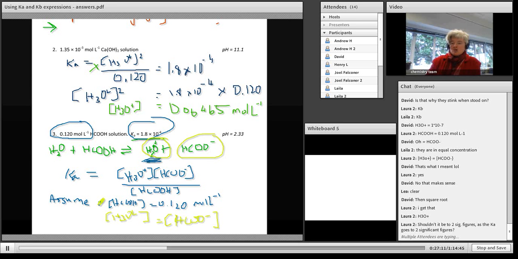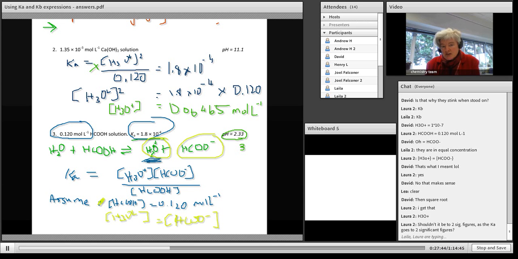Right. Good question, Laura. Shouldn't it be 2 significant figures as the Ka goes to 2 significant figures? pH values in the exam, they're a lot less fussy over, and they tend to say 2 decimal places because I find chemistry teachers tend to see, for instance, this pH as 3 numbers, 2, 3, and 3, but it's actually only 2 significant figures.